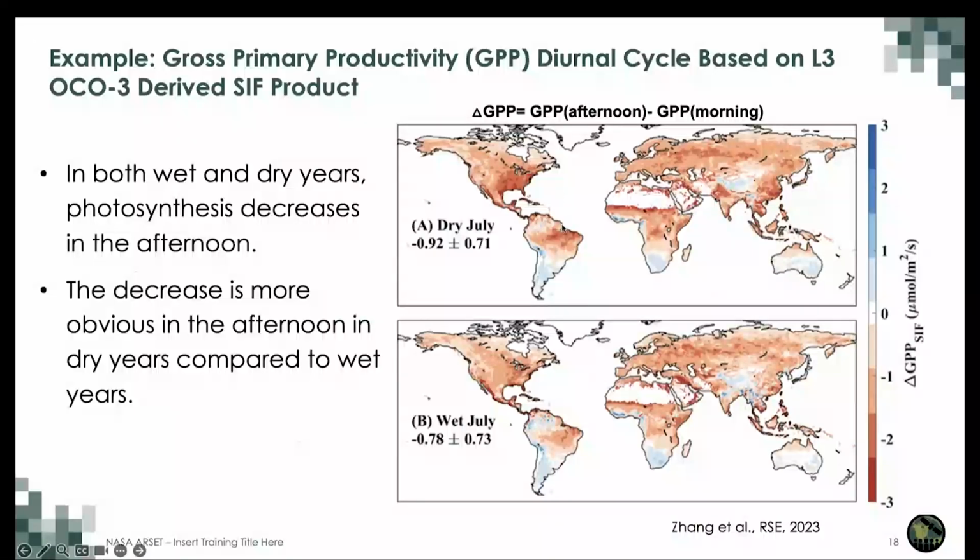In the dry July, the depression due to this water stress is even larger, which is very obvious in the southeast of the US and also over the tropical region, indicating that plants are much more water stressed during the dry year in July. So this indicates that level 3 diurnal SIF products can help us understand the diurnal cycle of plant photosynthesis.